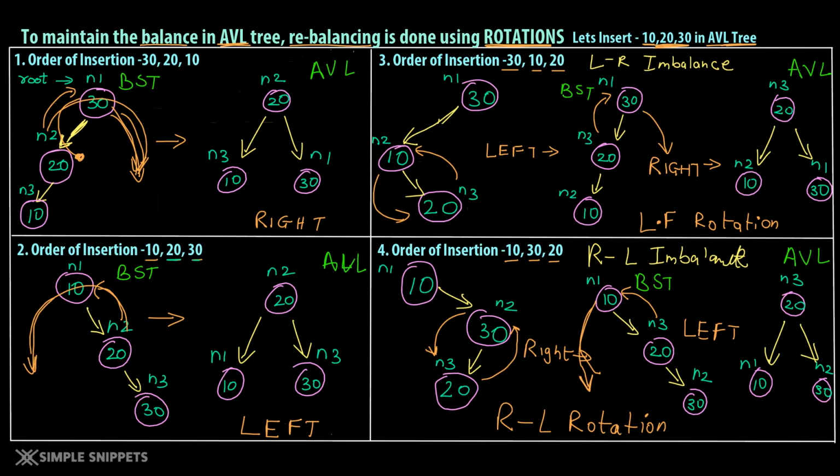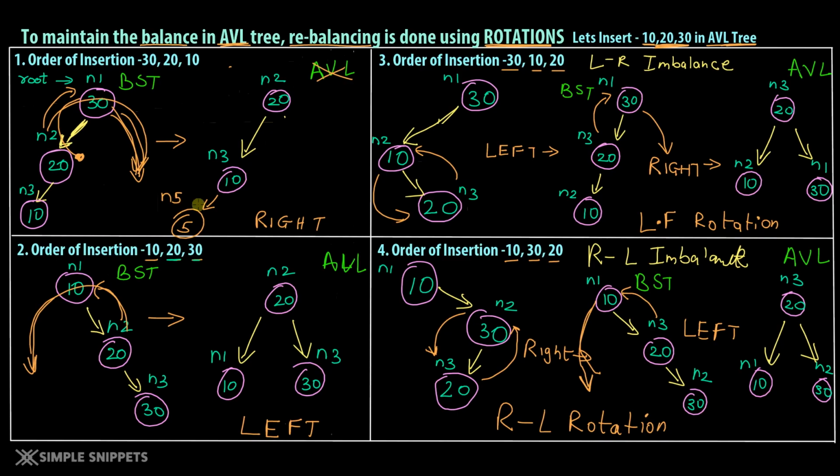So, for example, this is a balanced binary search tree, which is an AVL tree. In case I delete this node and add a new node, let's say the value is 5, and add a new node n5, it will go to the left. So I deleted one node and added a new node, but now this binary search tree has become imbalanced. It is still a binary search tree, but it is not an AVL tree now because it is imbalanced.